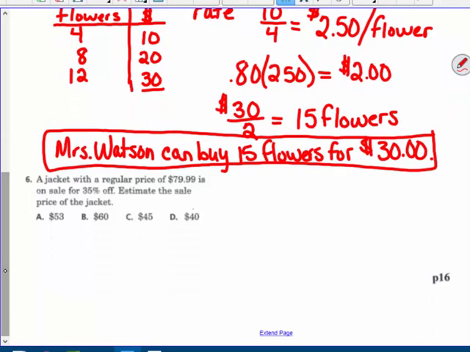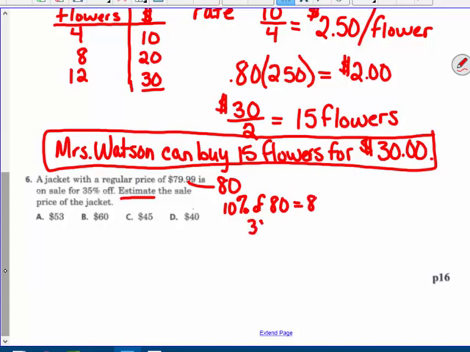Number 6. A jacket with a regular price of $79.99 is on sale for 35% off. Estimate the sale price. Estimate the sale price of the jacket. Well, I'm going to say this is 80. That's my first estimate. 35% off. Well, I know 10% of 80. That's 8.